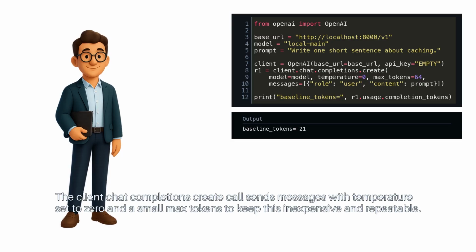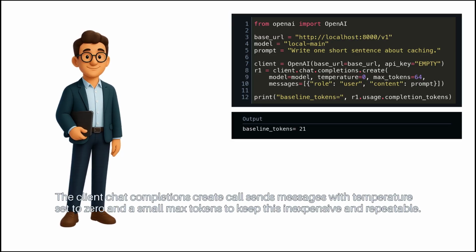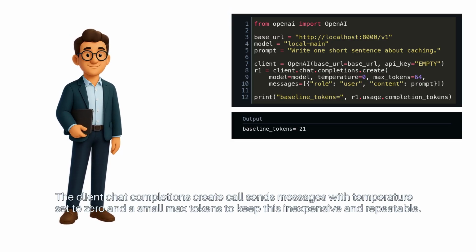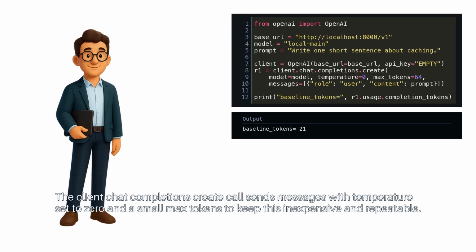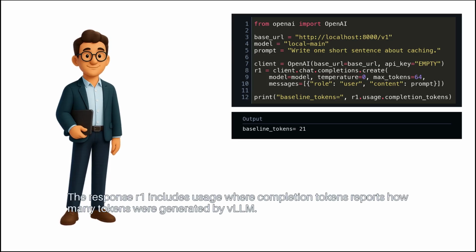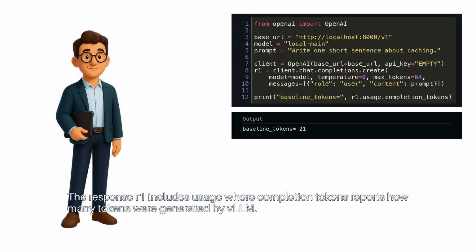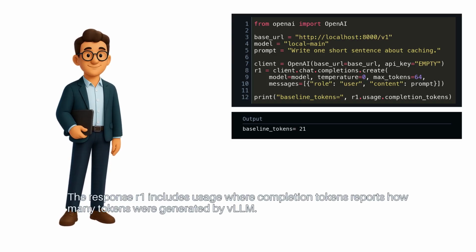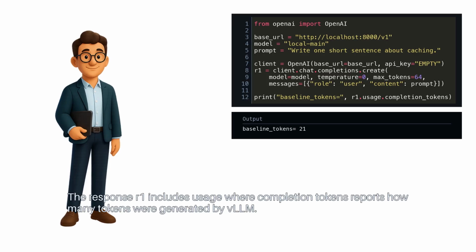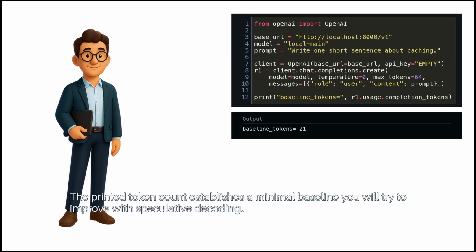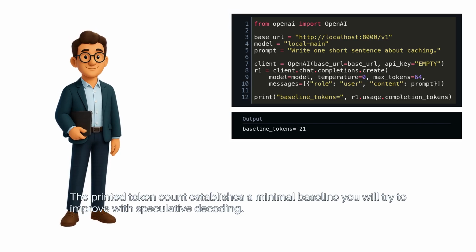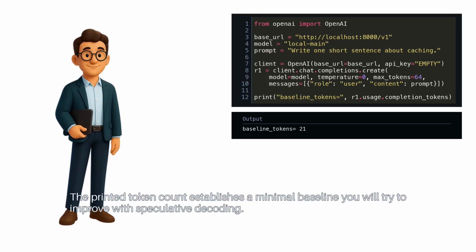The client chat completions create call sends messages with temperature set to 0 and a small max tokens to keep this inexpensive and repeatable. The response R1 includes usage, where completion tokens reports how many tokens were generated by vLLM. The printed token count establishes a minimal baseline you will try to improve with speculative decoding.